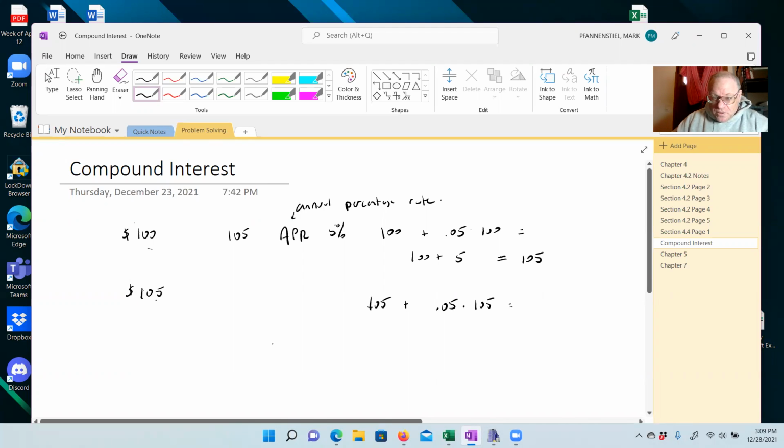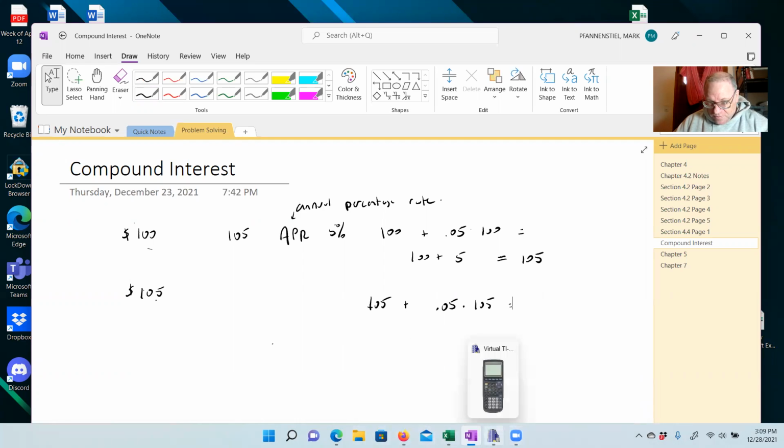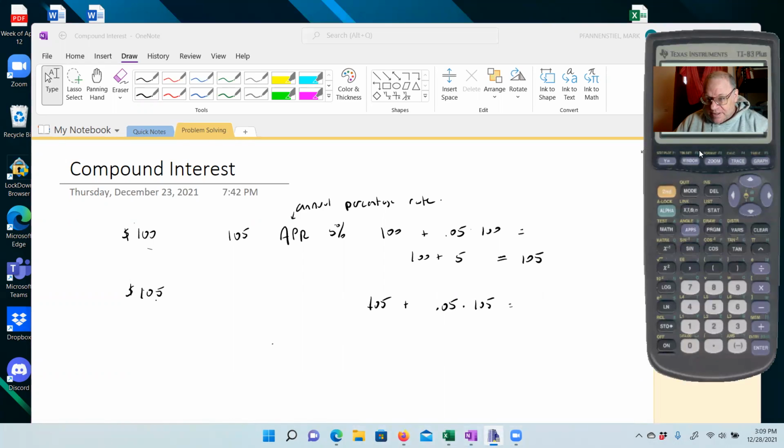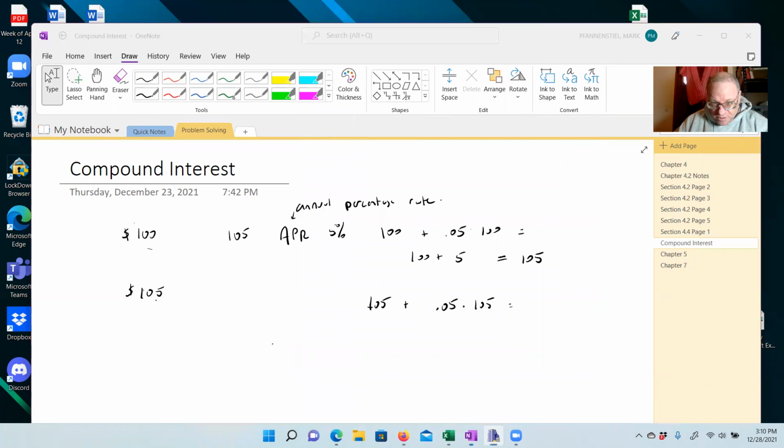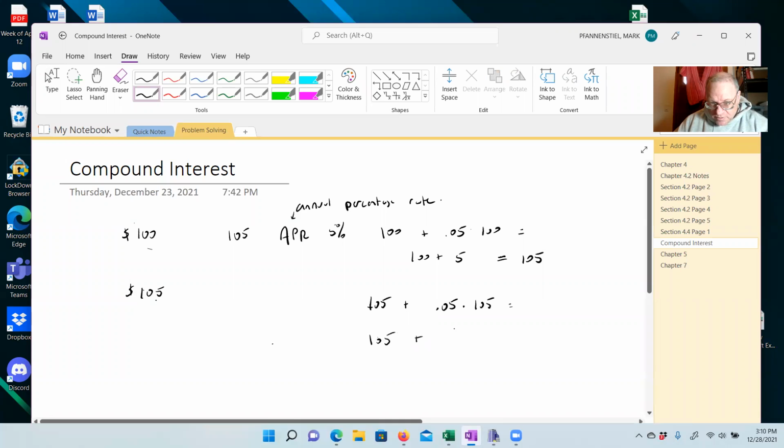I have to use a calculator because I don't know 5% of 105 offhand. 105 times 0.05 is $5.25. So we have 105 plus $5.25, and the next year you should pay $110.25.